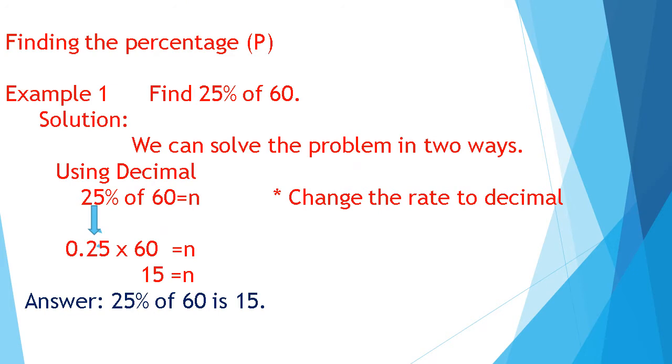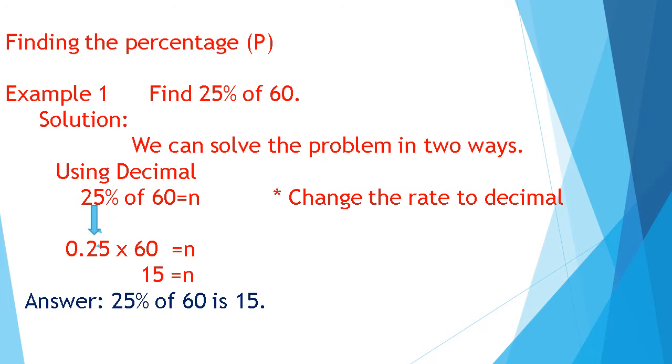Finding the percentage. Example number 1. Find 25% of 60. Solution. We can solve the problem in two ways. Using decimal number. 25% of 60 is equal to n.